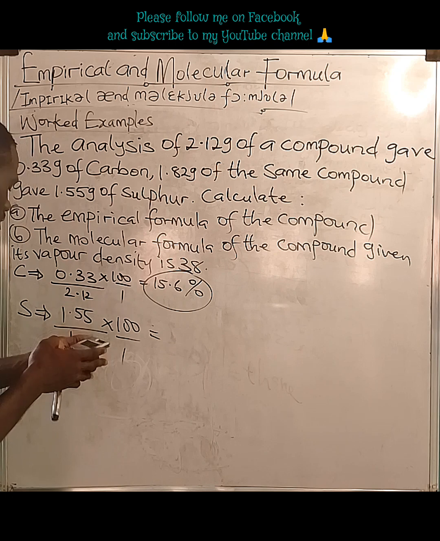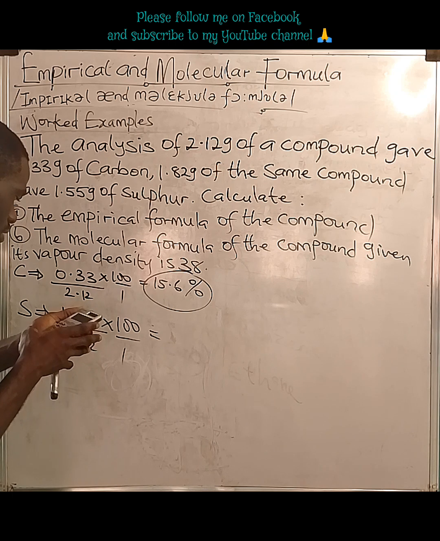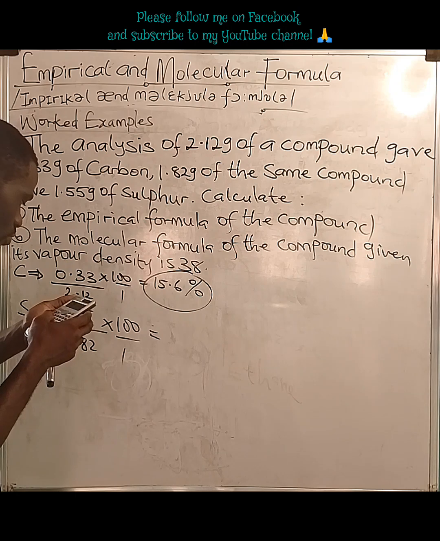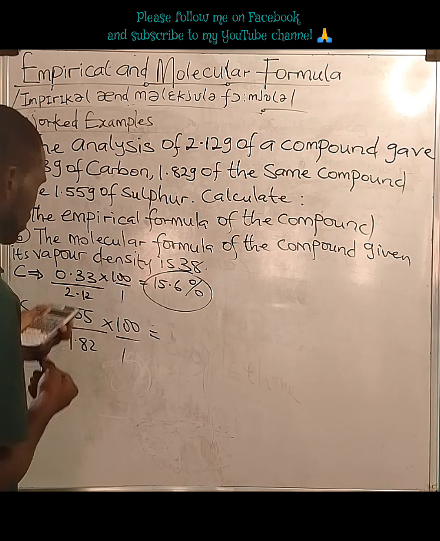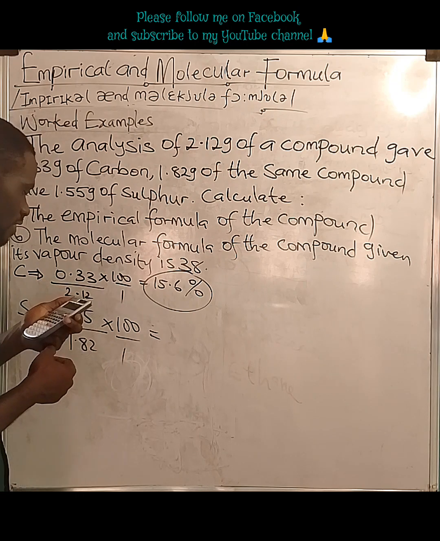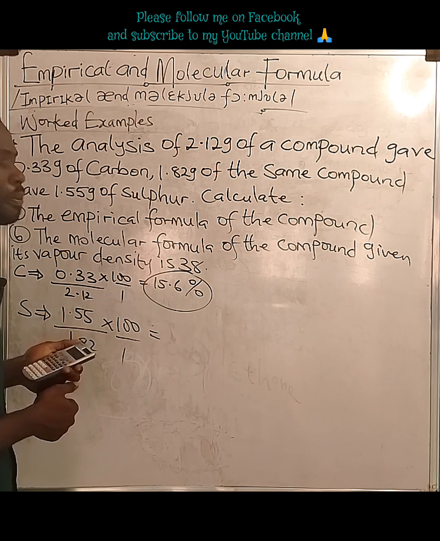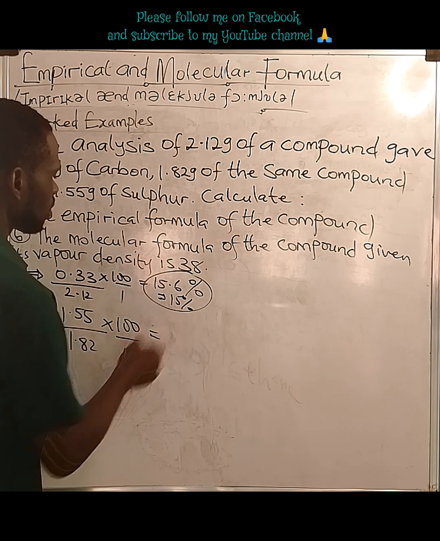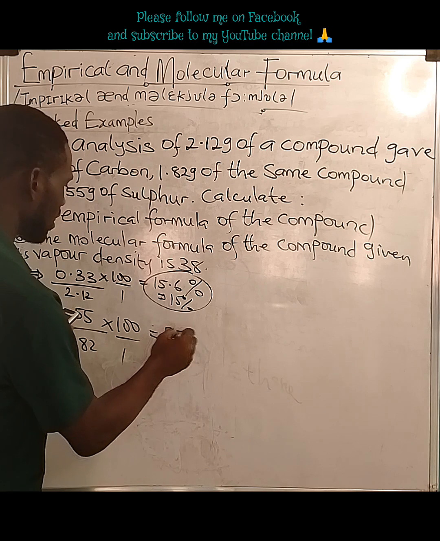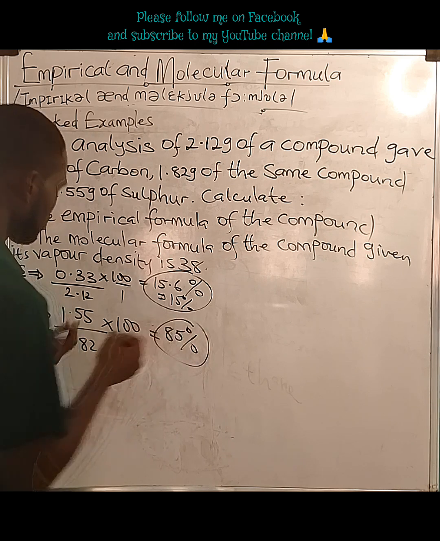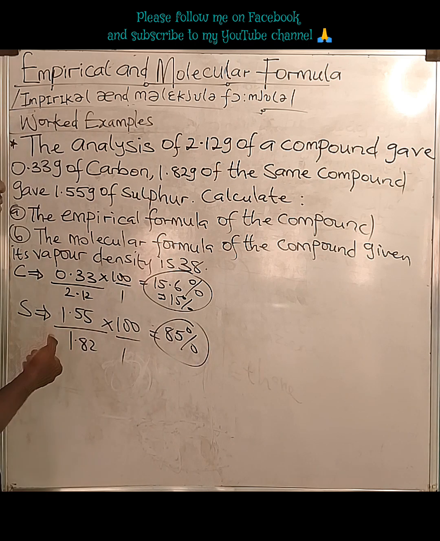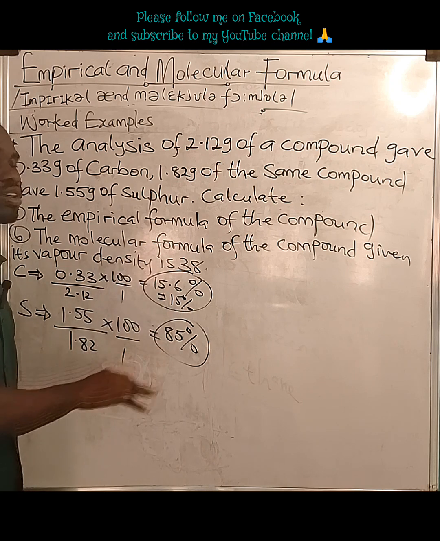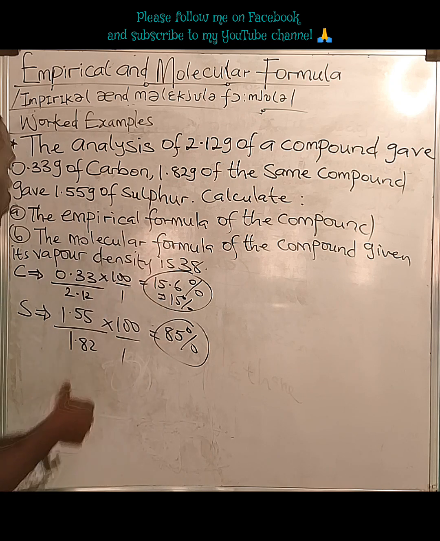Let's see the percentage of sulfur: 1.55 times 100 divided by 1.82. So you have 85.16%. So you could just round this to 85%. So it's balanced, as you can see. 85% sulfur, 15% carbon. These are the two things we're going to use to get our empirical formula.